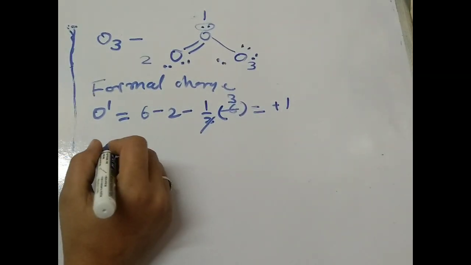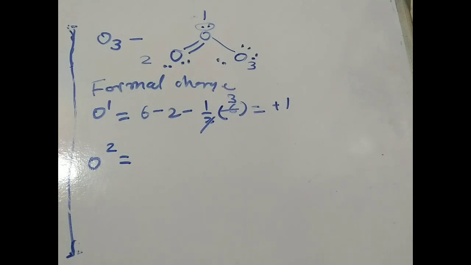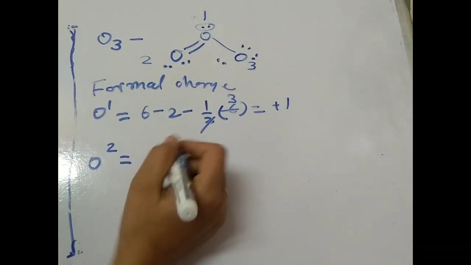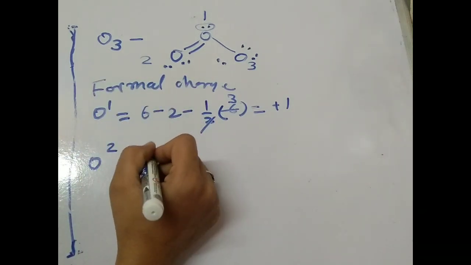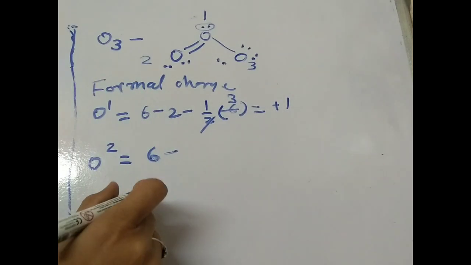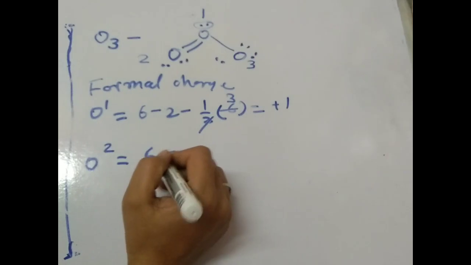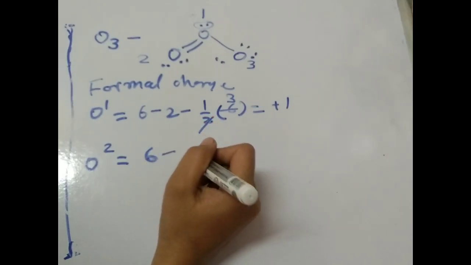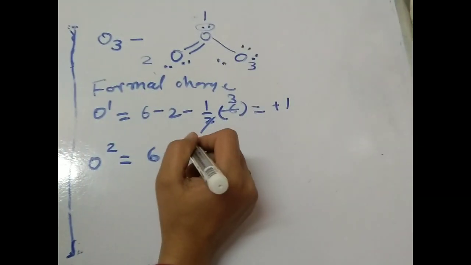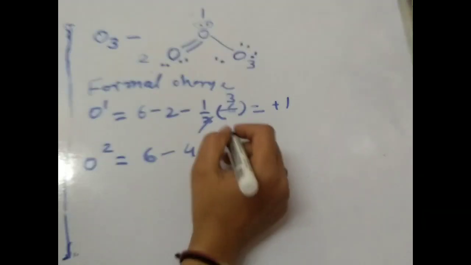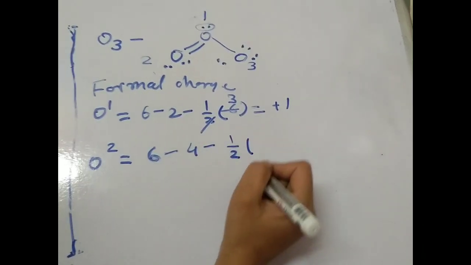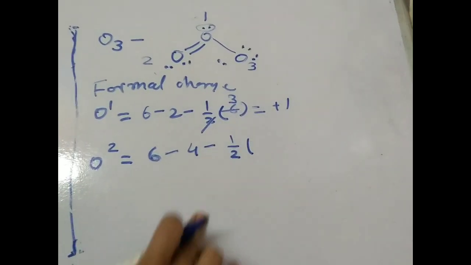So after this we can calculate for O2. Also the 6 valence electrons are present for the oxygen atom. After that we get 6 minus the number of non-bonding electrons. There are 2 lone pairs, which means 4 electrons are present, and after that minus half of the number of bonding electrons.